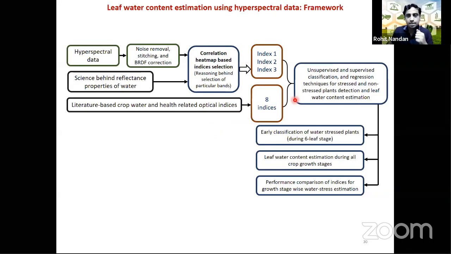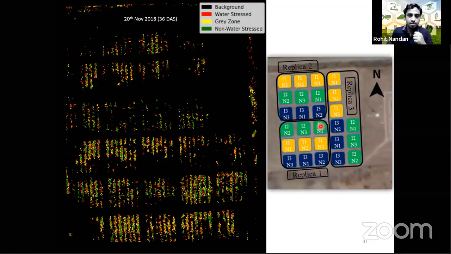We combine these indices, then we use the supervised and unsupervised classification approach, and after that we got the classified map like this. In this, the red color is from the water stressed pixels, and green is from non-water stressed.